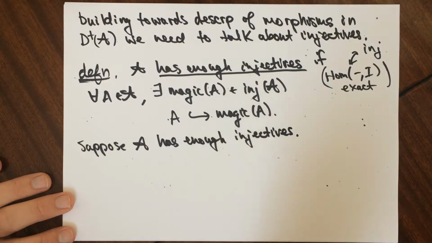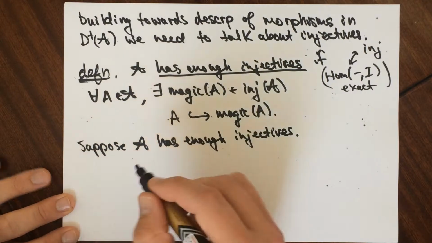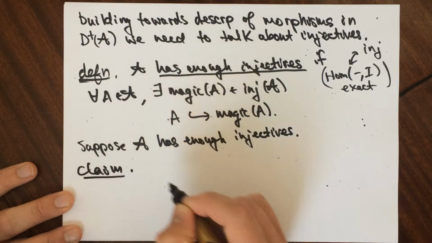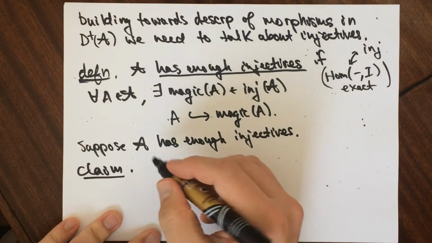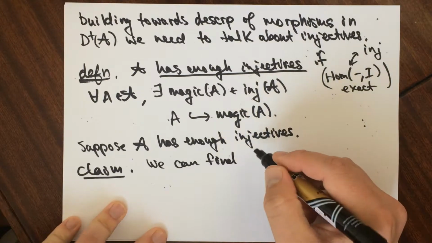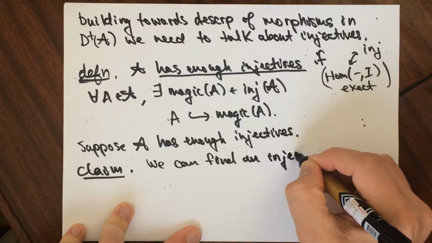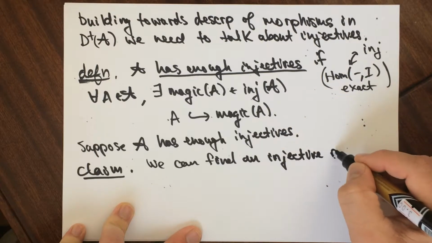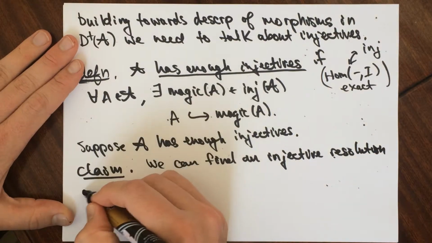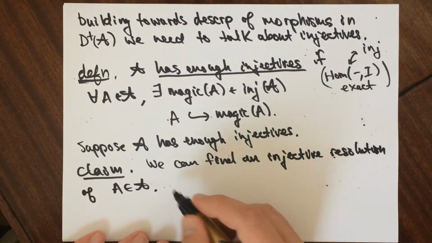Okay, so then the first fact that we can do, so then claim: we can find an injective resolution of A, an element of A. So for every A, we can find an injective resolution.